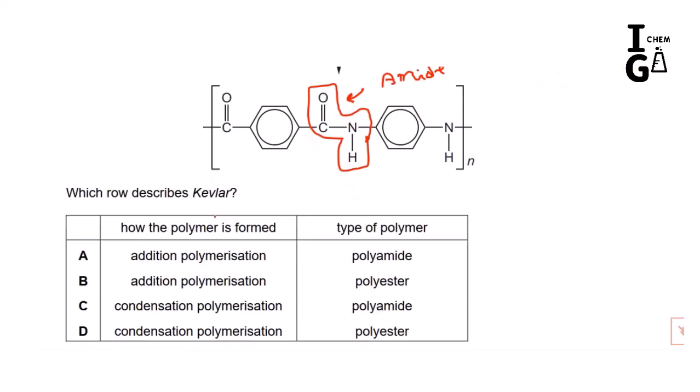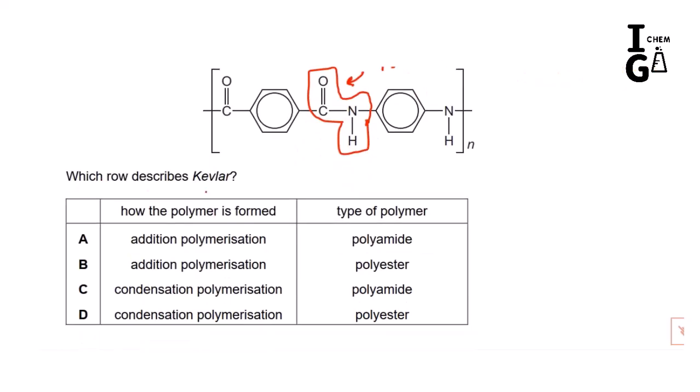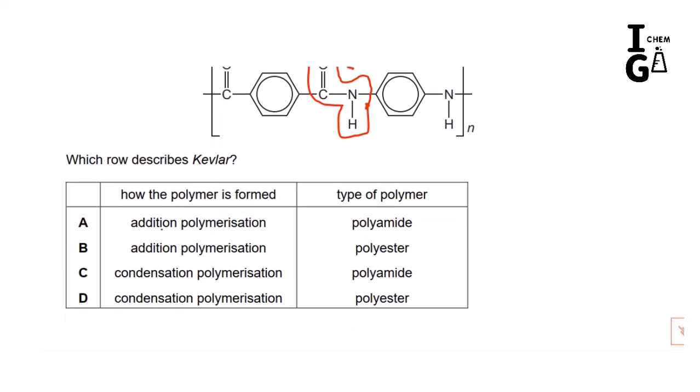So we can check now which row describes Kevlar, how the polymer is formed. Addition polymerization? No, we said addition plus elimination, which together is condensation. So this is not correct.